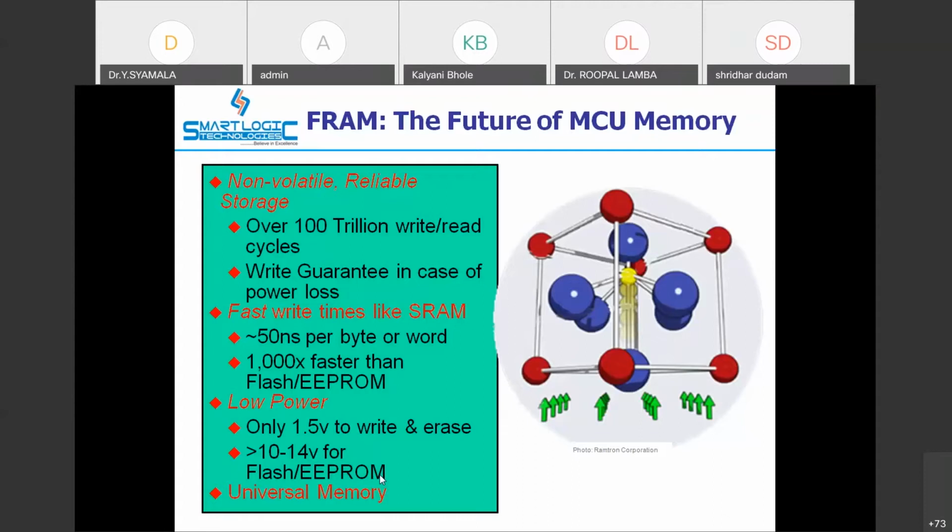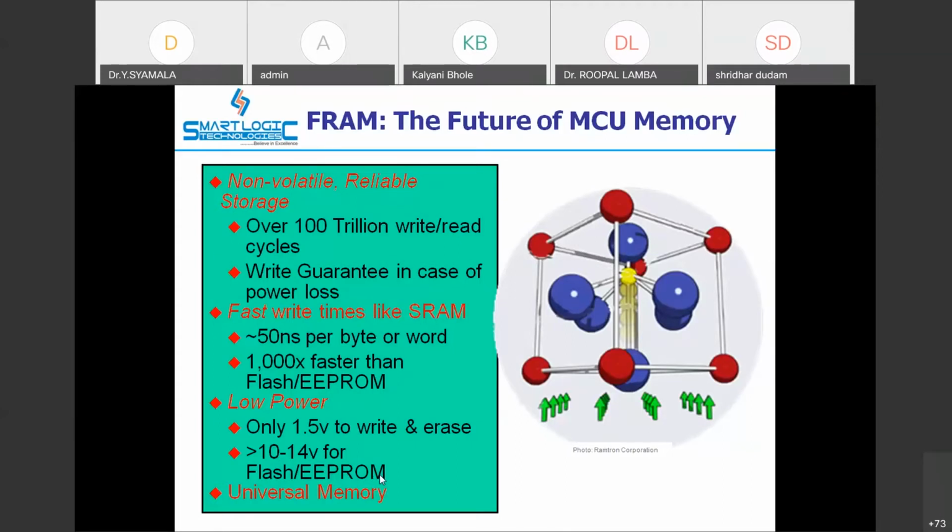If you do not read properly, you can read it again, but the condition is how much time you require for writing and how much voltage or current is required for writing. That is the important point. That's the reason why we can go for the FRAM.